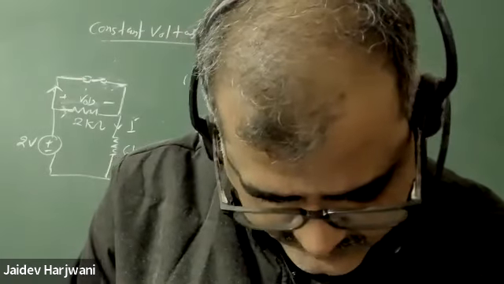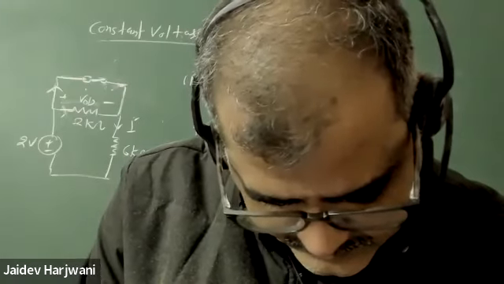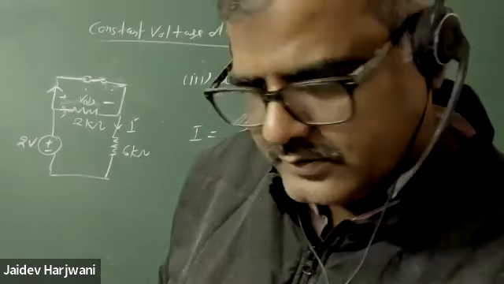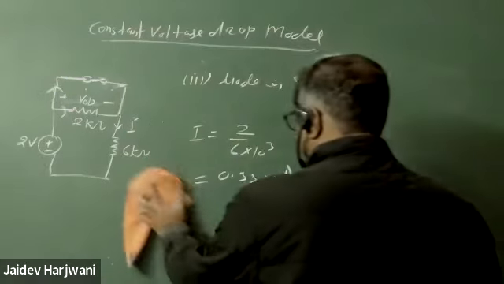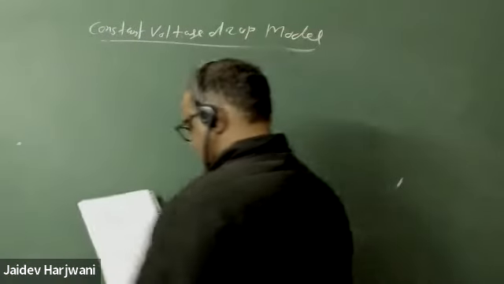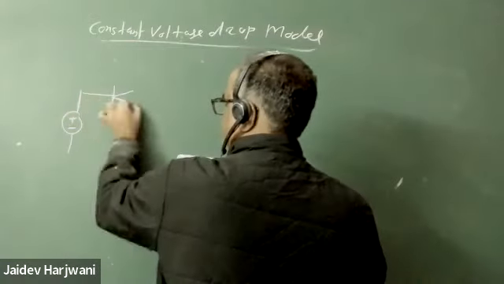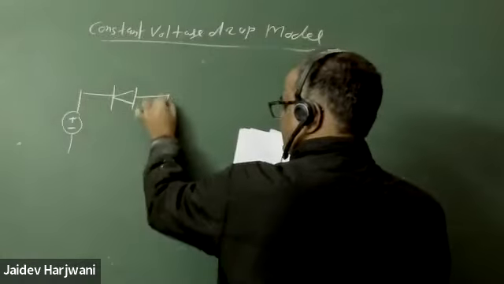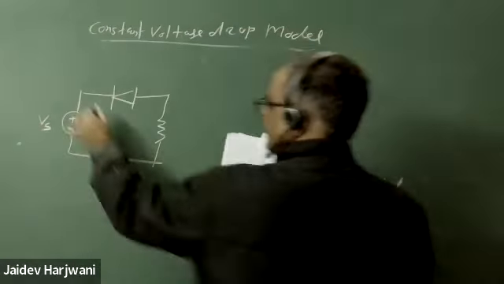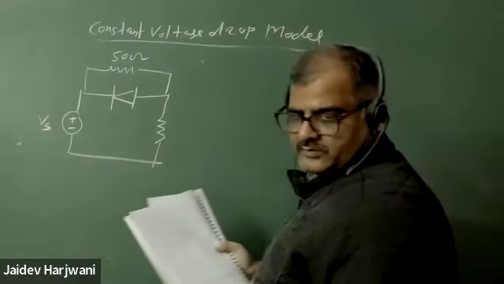So I'm giving you one homework. Like the previous case, this is your VS, and this is your 50 ohm resistance.